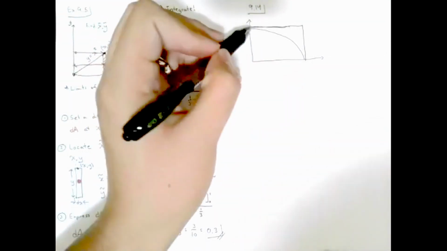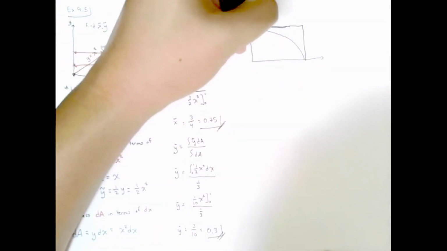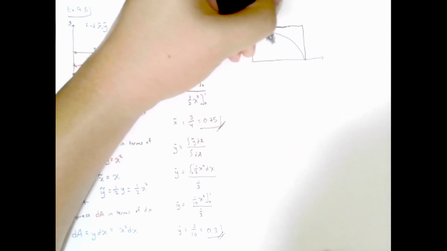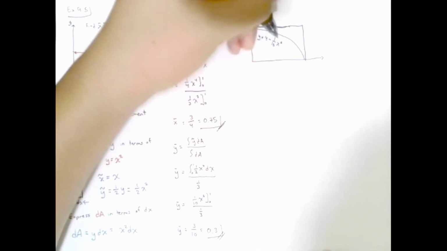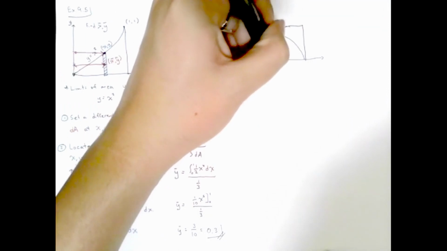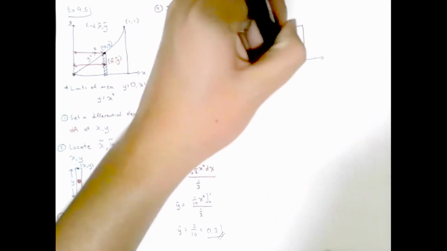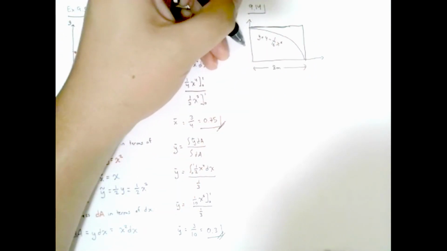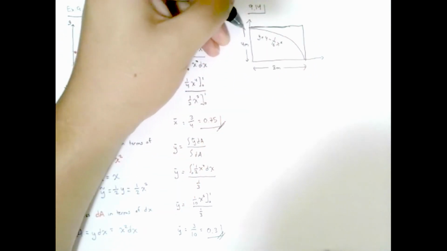Now we know that this curve has an equation of y equals 4 minus 1/16 x squared. And we know that the horizontal length of this shape is 8 meters. Now from this equation, we can tell that the vertical distance is 4 meters.